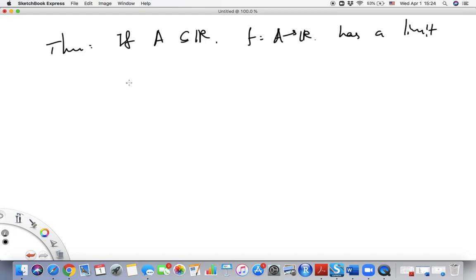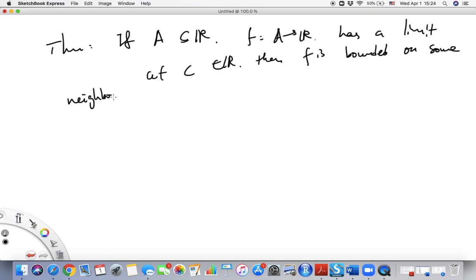So next theorem, if A is in R and f going from A to R has a limit at c, then f is bounded on some neighborhood of c.